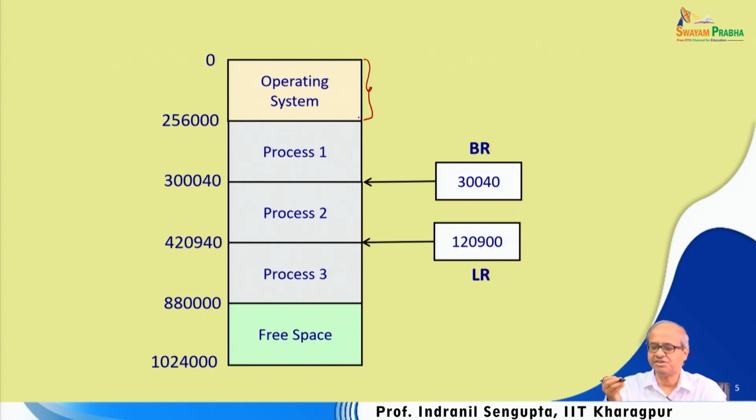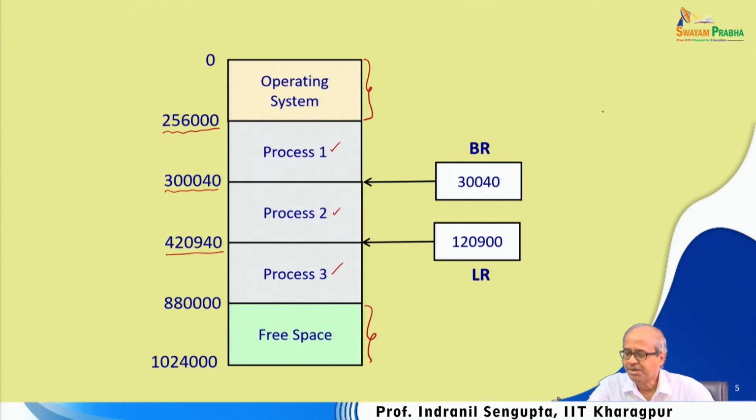So, here let us assume there are 3 processes 1, 2 and 3, and there is some space at the end which is not allocated yet, free space. And the addresses of the bytes are shown by the side starting from 0 to something. So, we assume process 1 starts with address 256000, process 2 starts with address 300040, process 3 with this address and so on. Okay.